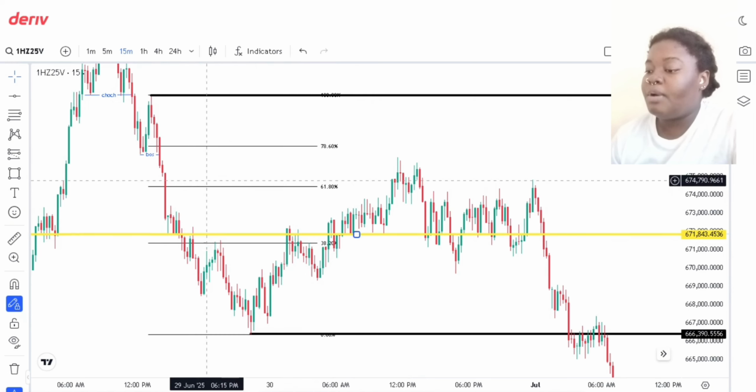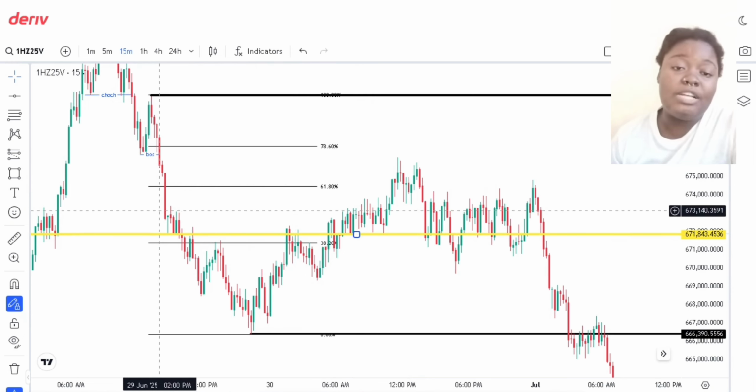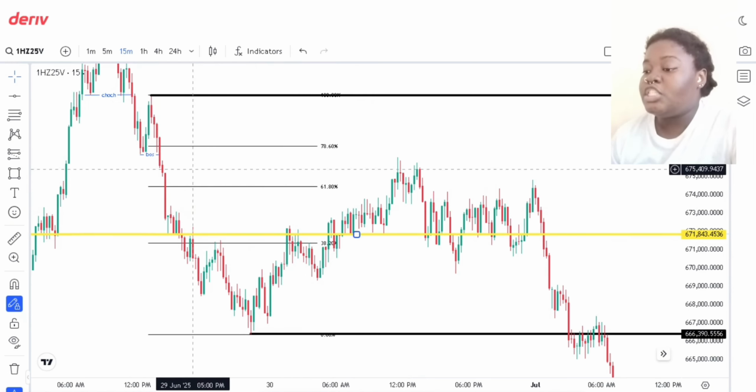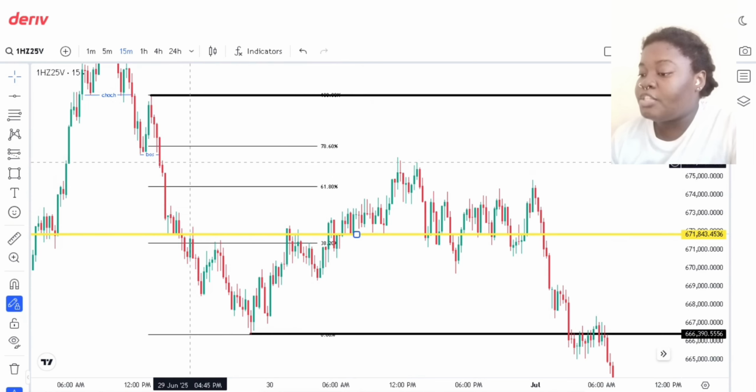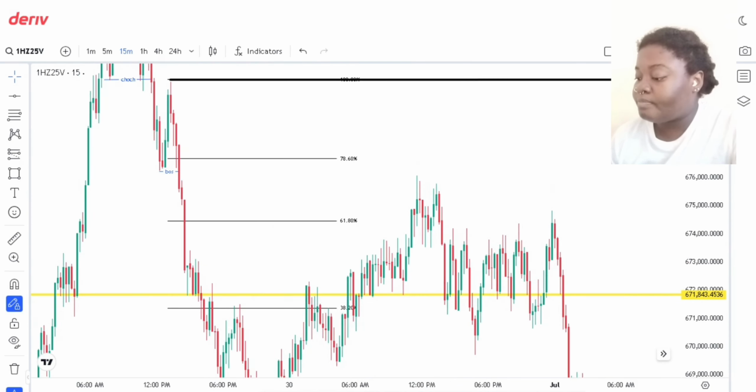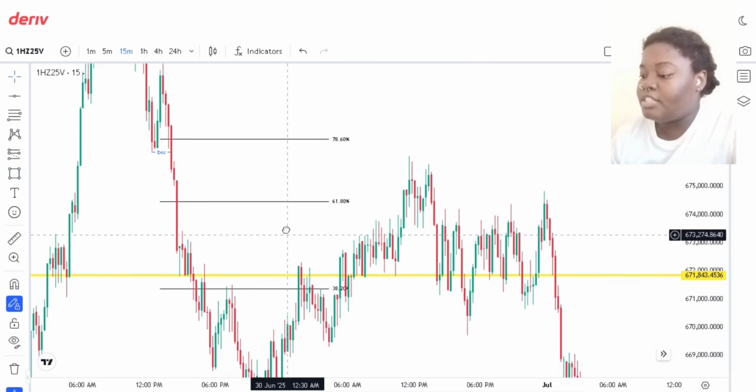It came to the 61 level here within this fair value gap. That still wasn't strong enough to push down the market. So it's continuing. What do you see the market actually reversed from? Let me first draw this over.